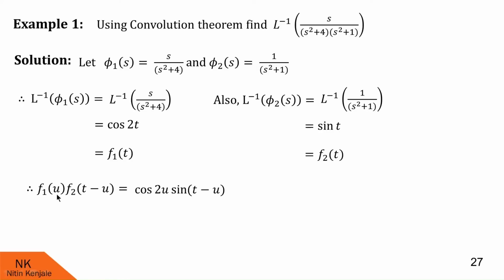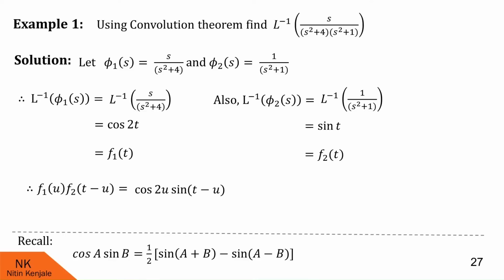Now let us simplify this product f1u into f2t minus u. This expression looks like cos A into sin B. And we already have a trigonometric identity of the type cos A into sin B, which says cos A into sin B is equal to half sin A plus B minus sin A minus B. Here you can consider A as 2u and B as t minus u.